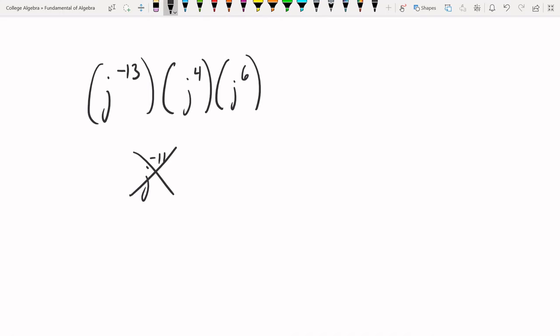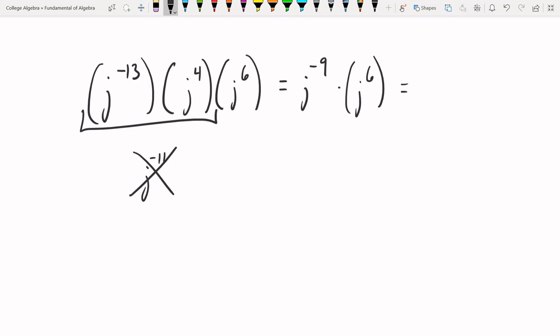For doing this problem, what you want to do is take this in parts. So first off, j to the negative 13 times j to the 4. These are like bases multiplying, so we add the exponents. So we have negative 13 plus 4. Negative 13 plus 4 is negative 9. And this is multiplying j to the 6.